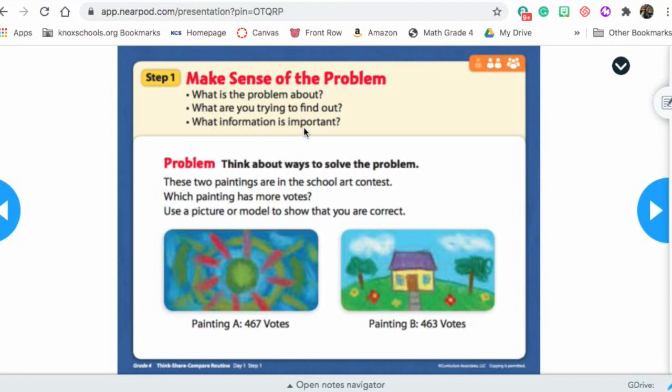If I close my eyes and picture it in my mind, I would picture myself at a school art contest, looking at 2 paintings that each have received votes. Now, if you notice, I did not use any numbers in what I just said. I just said where I am, who is there, in this case there's nobody there, and what is going on. So where I am is at a school art contest, and there are 2 paintings and they each have some votes.